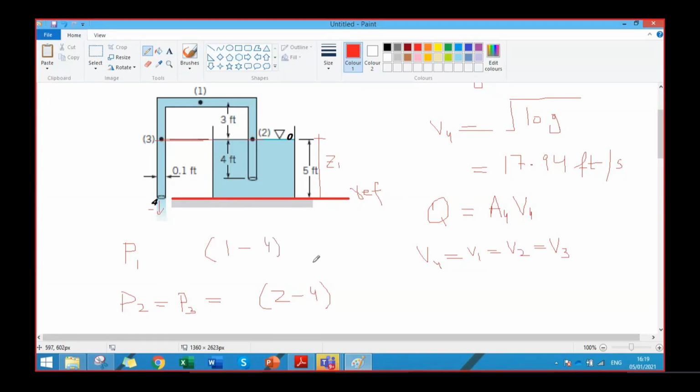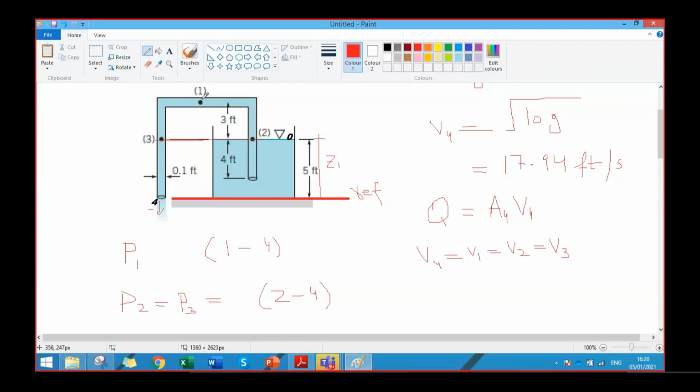My question to you is: will P1 be greater than P2 or less than P2? Sir, P1 is less than P2, because the height is greater. At point 1, the total head should be constant.